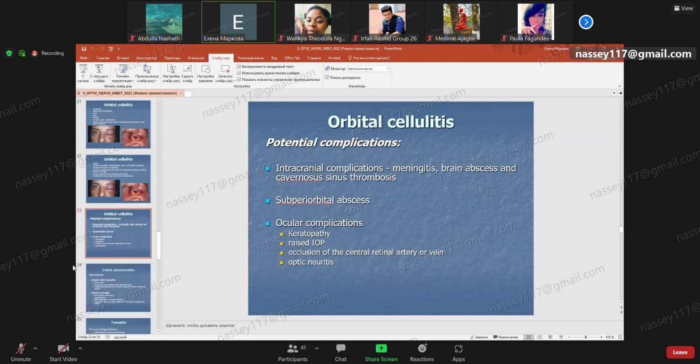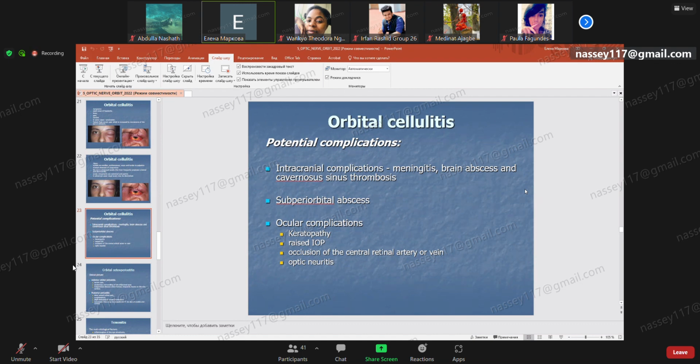Potential complications. One of the main complications is intracranial complications, which include meningitis, brain abscess, and cavernous sinus thrombosis, and it's one of the most dangerous complications. The second, it may be supraorbital abscesses.